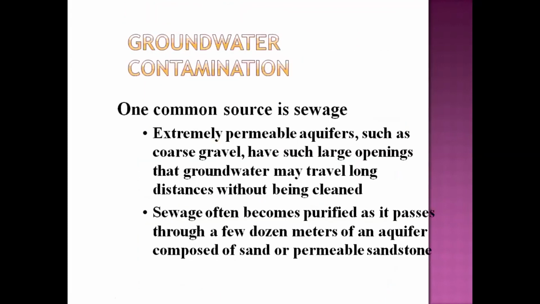Okay, there is another contamination: the sewage that we have in our areas. Sometimes it has openings, and the old pipes are sometimes fractured, and as a result the groundwater is contaminated by deep sewage pipes.